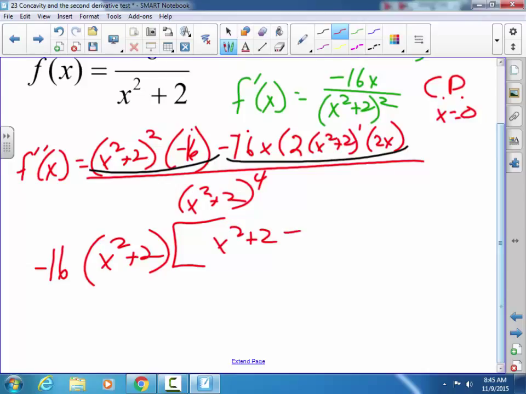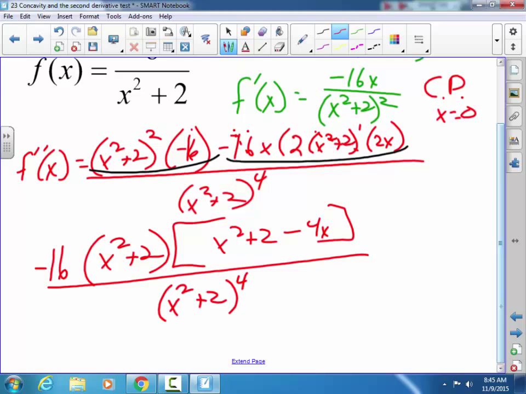Minus. That 16 is going away. So we've got 2 times 2x is 4x over x squared plus 2. Say that again. Oh, yes. Thank you. This 2x times that makes that 4x squared.